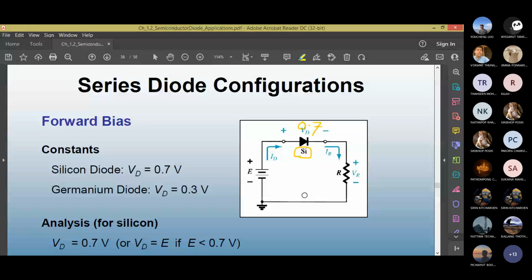Now let's solve this loop. Kirchhoff's voltage law. What is the equation? E minus V of D, minus V of R, which is your output voltage, equals what?